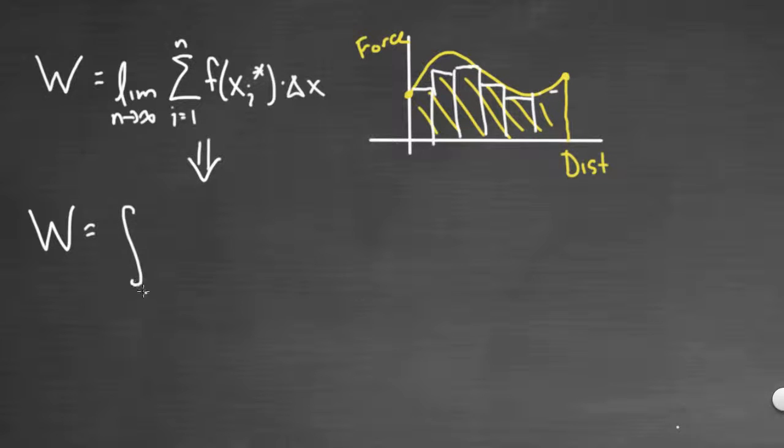So this would convert to the integral from a to b of f of x dx. And so really, in effect, we're getting the area under the curve. You compute this definite integral even if the force is fluctuating or changing, and this numerical answer will wind up representing the work done on an object as it moves over a particular distance with a particular force being applied to it.